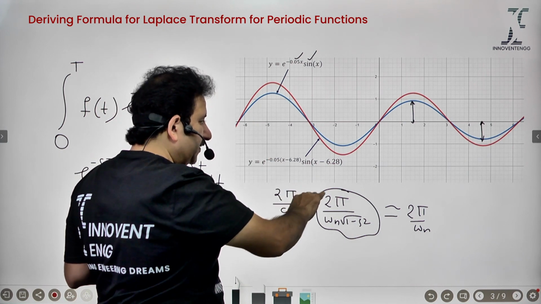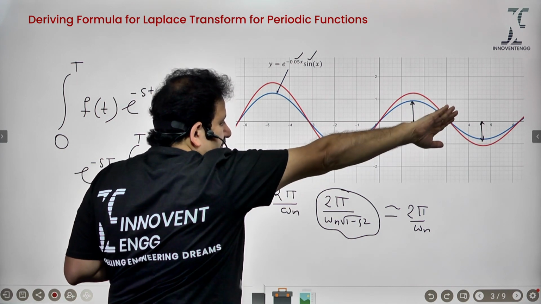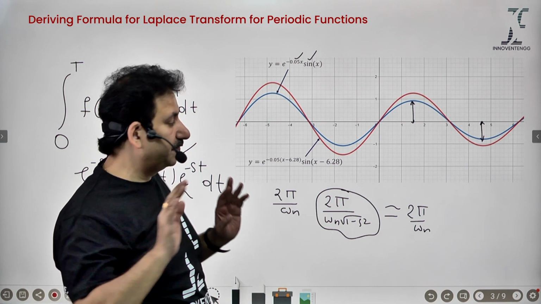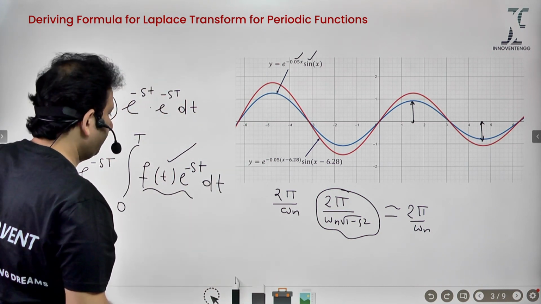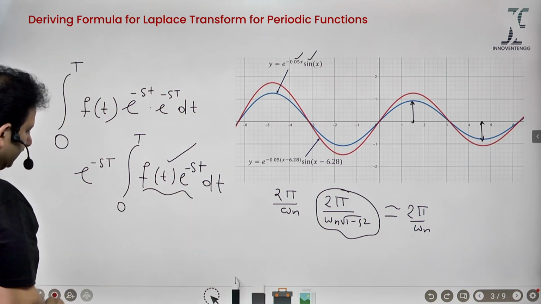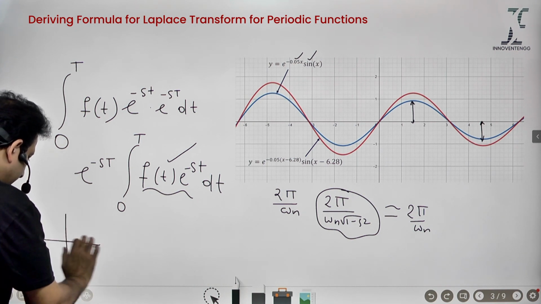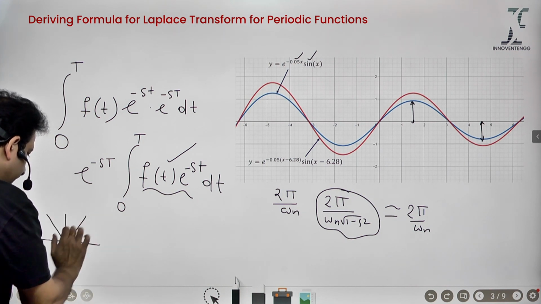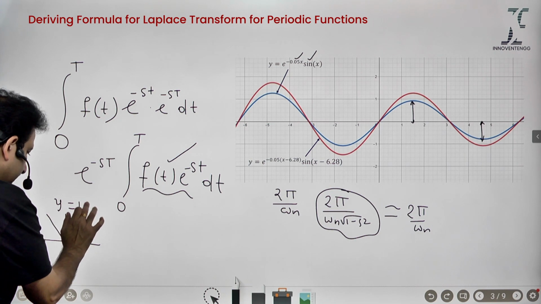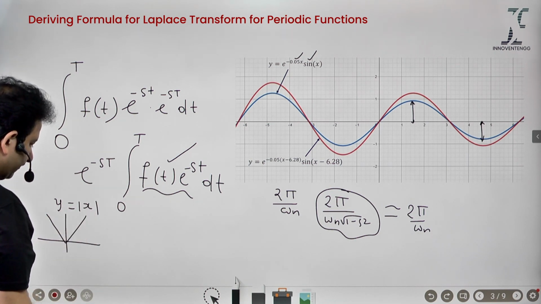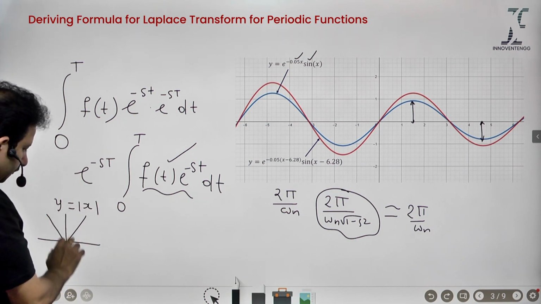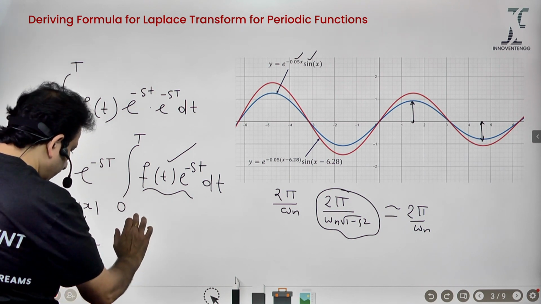But if you subtract the period, the wave gets shifted forward. That's very important. To make that very clear, I'll give you a very trivial example here. Let's say that you are talking about the mod function, y is equal to mod x. Understand this carefully. If I add 1 to the x, then what happens?